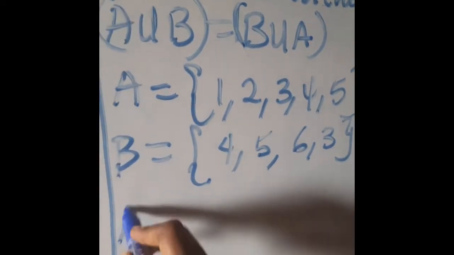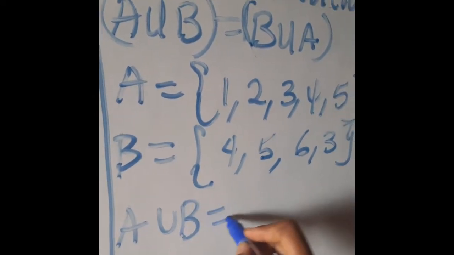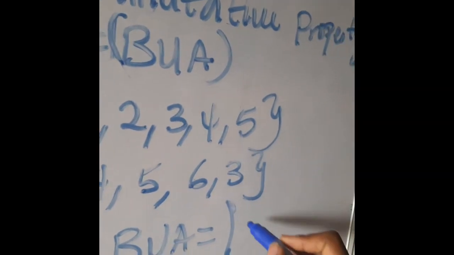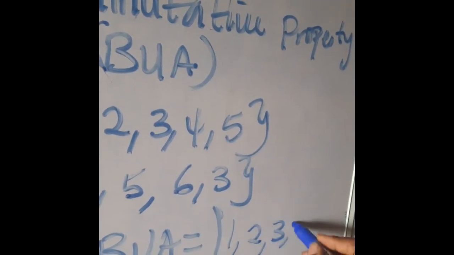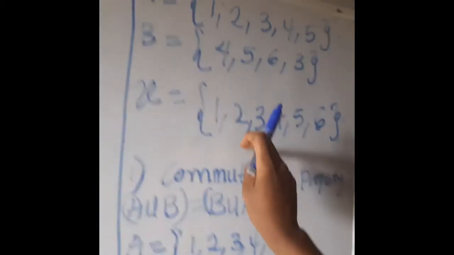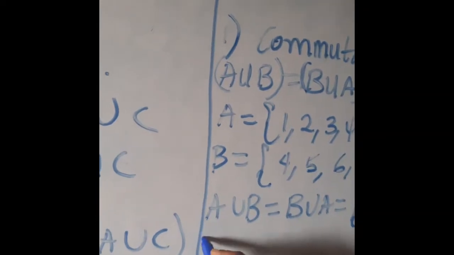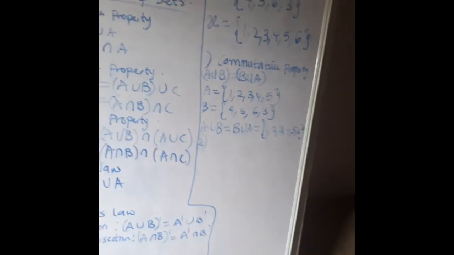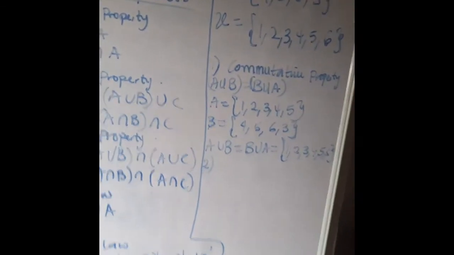So A union B, which is equal to B union A, equals 1, 2, 3, 4, 5, 6, and this gives us our universal set here. Because I'm managing the board, when it's full, I'm going to erase it and write something else.